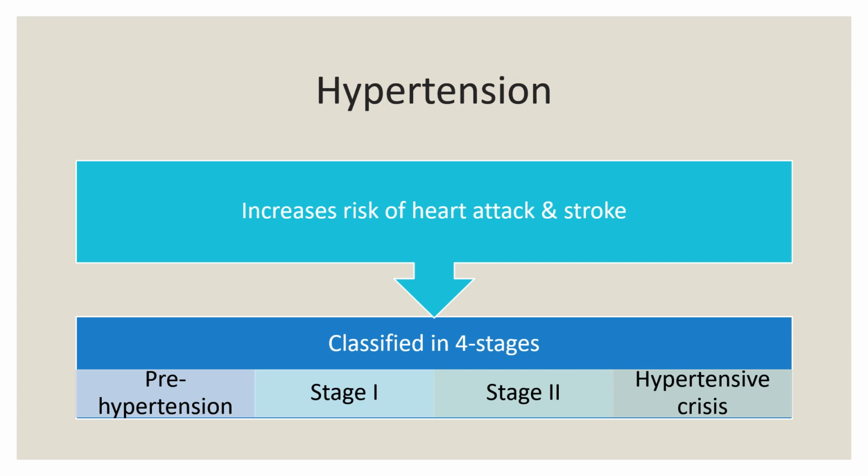Stage 2 hypertension, systolic pressure is 140 or greater, or the diastolic pressure is greater than 90 millimeters of mercury. A hypertensive crisis, the systolic pressure is greater than 180 millimeters of mercury, or the diastolic pressure is greater than 120 millimeters of mercury.